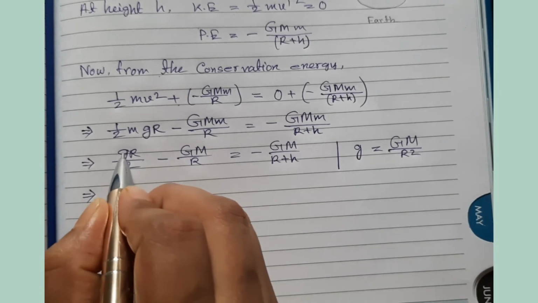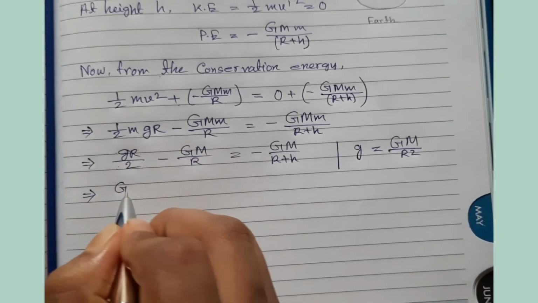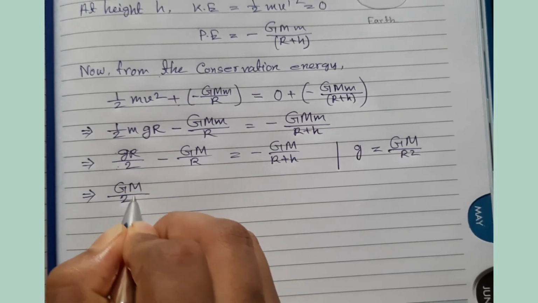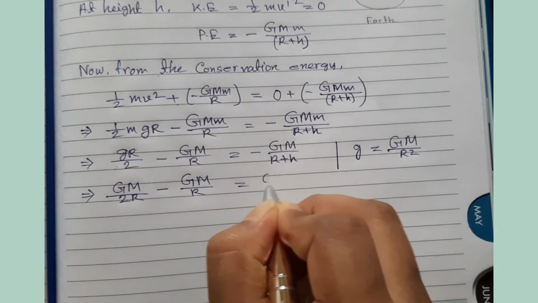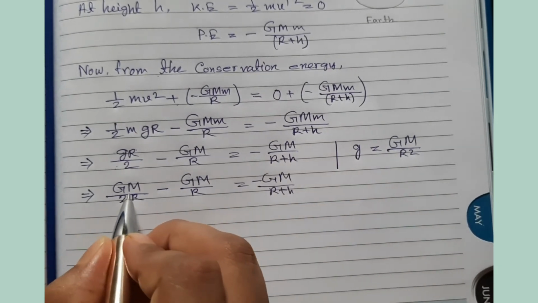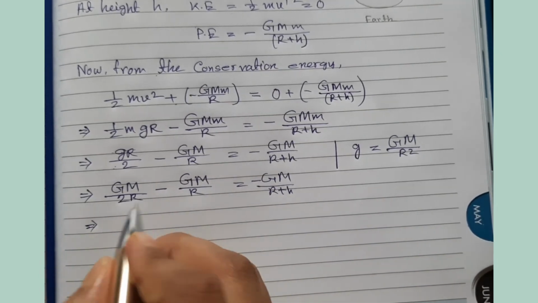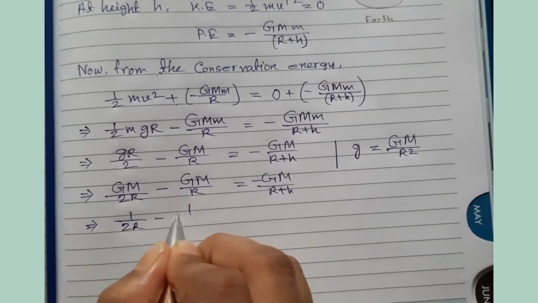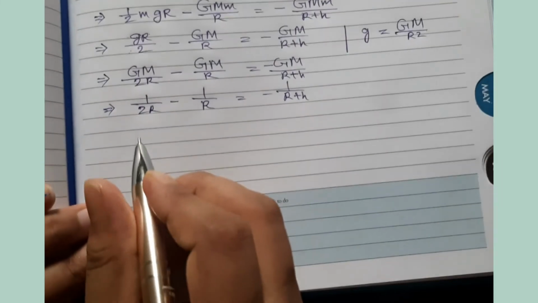If we put GM by R square, then R and R get cancelled. So, GM by 2R minus GM by R equals minus GM by R plus h. Also, we can neglect GM, since both sides have GM.